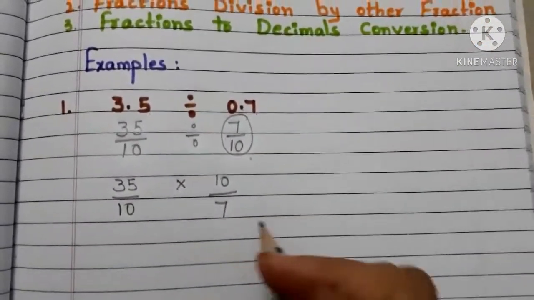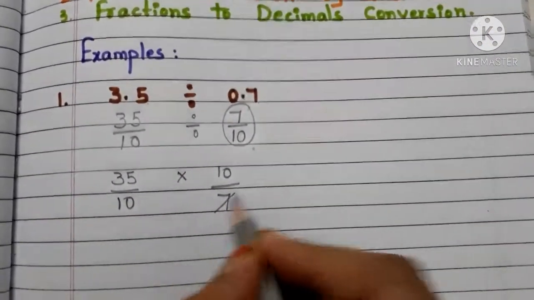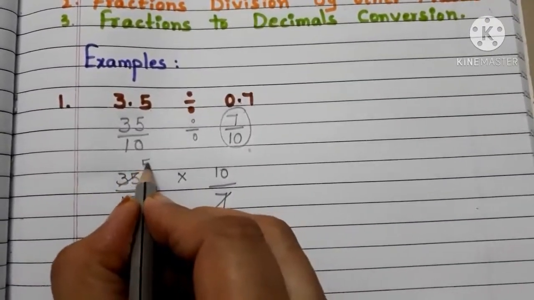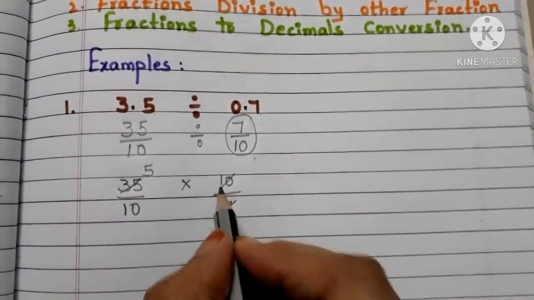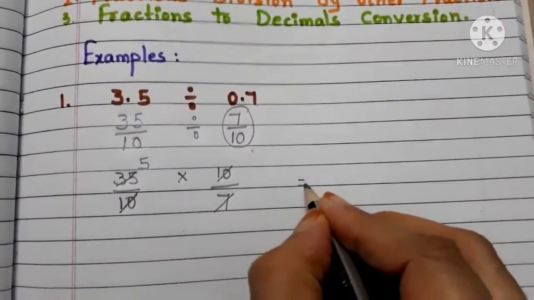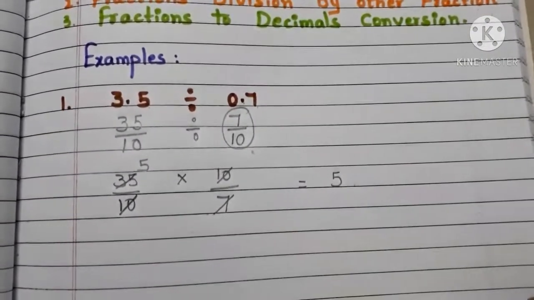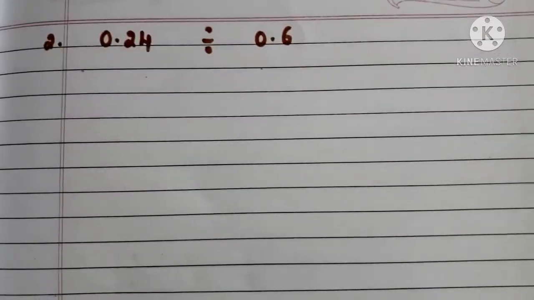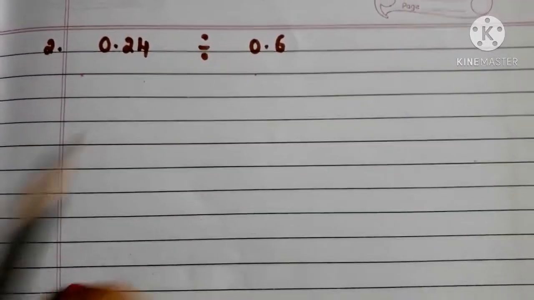Okay, use the cancellation method. 7 ones are 7, 7 5s are 35. This 10 and this 10 gets cancelled. So, the answer is 5. Okay. Now, let us go to another example.